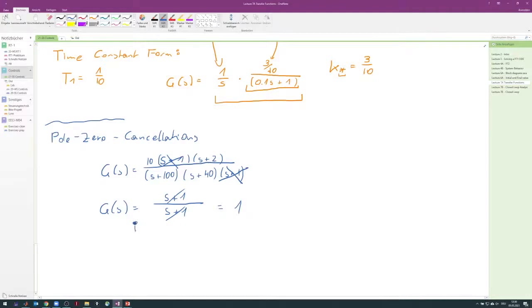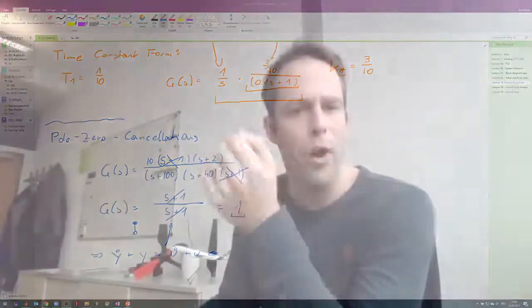However, transform that back into the time domain. You would have y dot plus y is equal to u dot plus u, right? And you would not think about canceling anything here, right? Here it would be an ODE and you would try to start to solve it. But in reality, if you transformed it, you would see, okay, the solution is pretty simple. My transfer function is actually just 1, right?